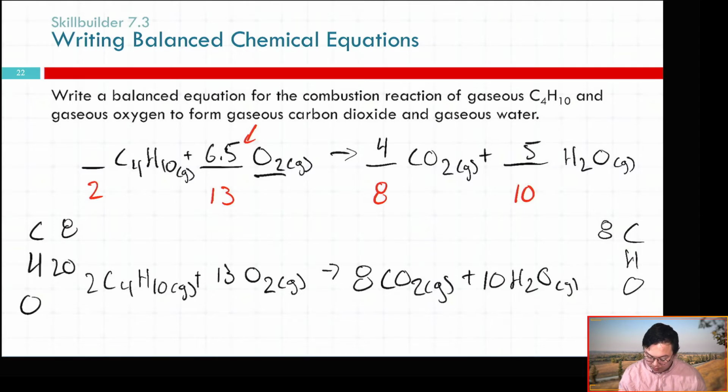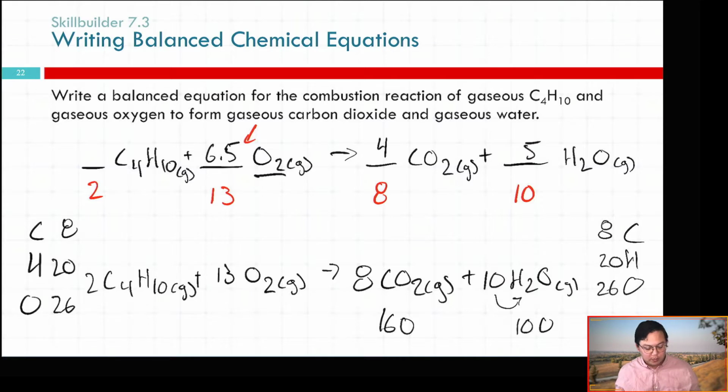And on the right, we also have 10 times 2, 20 hydrogens. And then if we look at oxygen last, 13 times 2, 26. And then we have 16, and we have 10 oxygens. So we have 26. And you can see that our chemical equation is balanced.